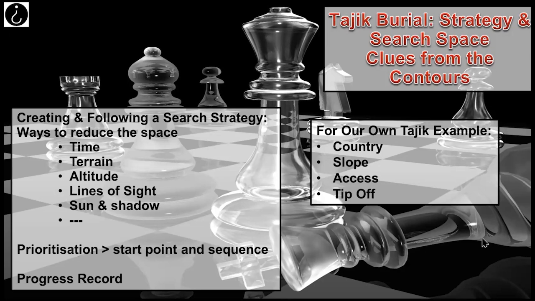They're not mountaineering. They've climbed hills, but they're not actually mountaineering. So we can eliminate places that may not be a very steep slope, but if there's no way of getting there that isn't relatively easy to climb, then we can probably eliminate that. And we also did get a certain amount of information from a tip-off.